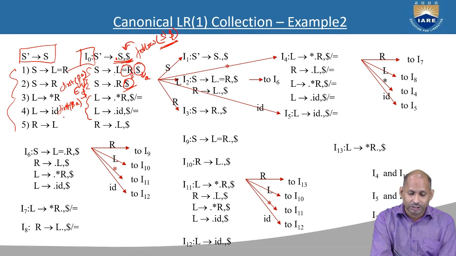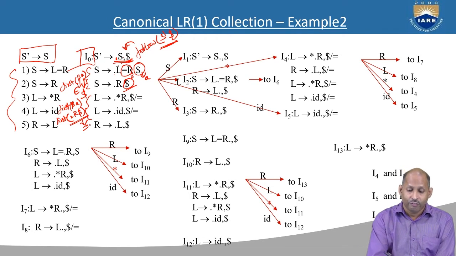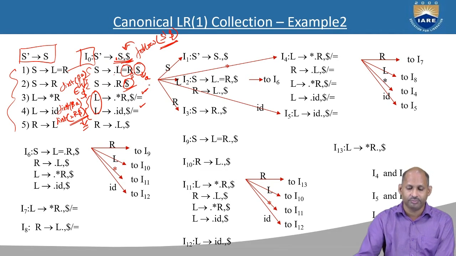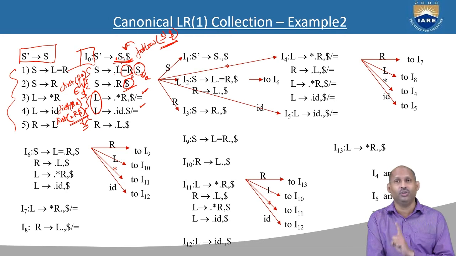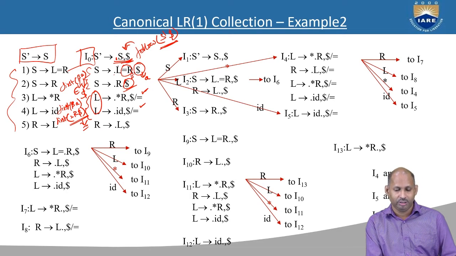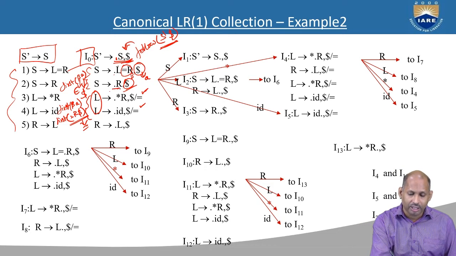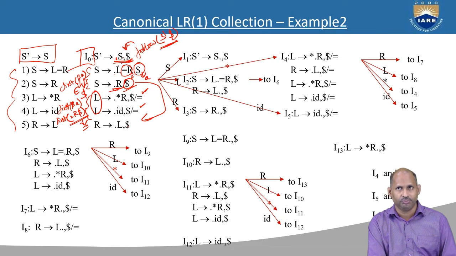Here, first of beta, we have to consider first of assignment or dollar, which results in assignment. So for these two productions, only the assignment is added. Now, dot R results in adding the R production.